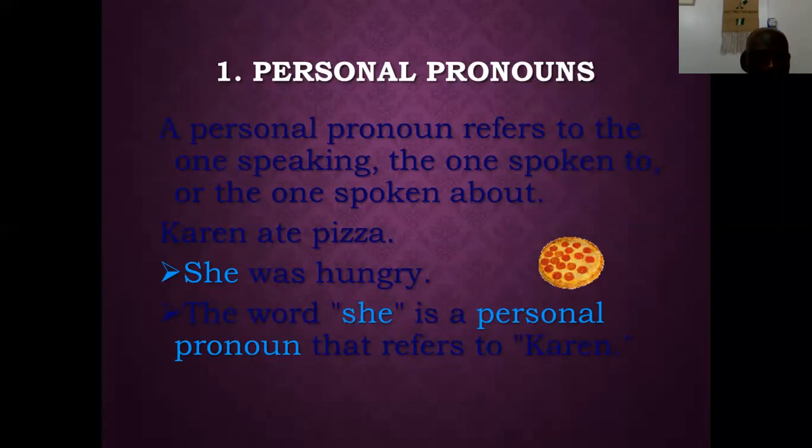She was angry. The word she is a personal pronoun that refers to Karen. That is, she takes the place of Karen in the second sentence.